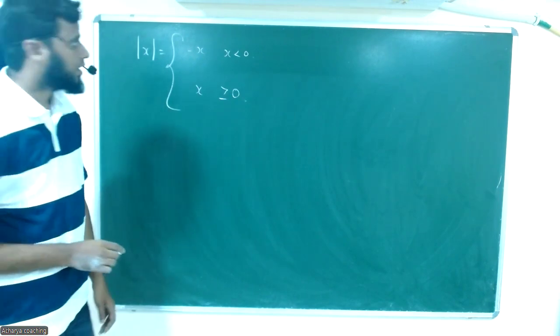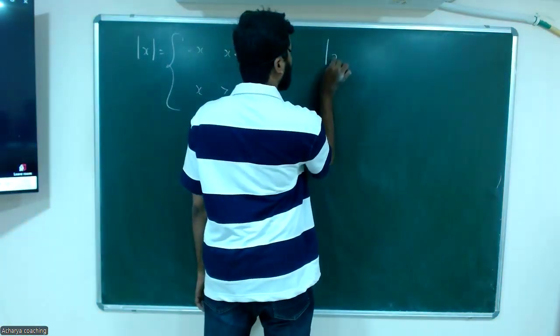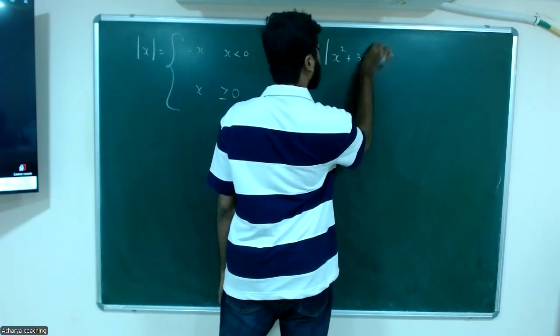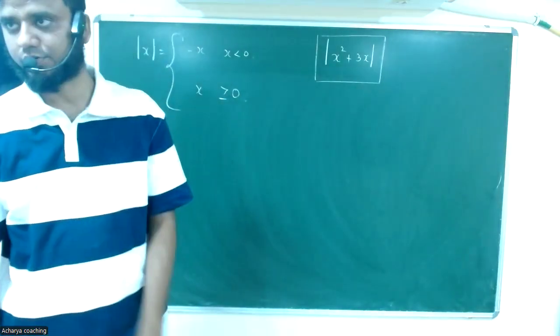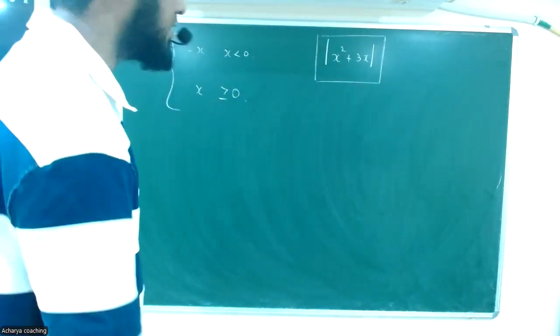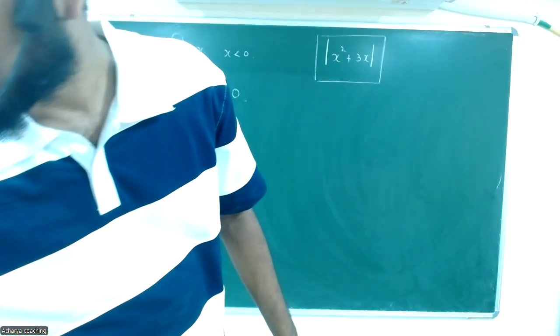Clear? Next, what if I have modulus of x square plus 3x? In this case, how do we remove this mod? So what we are going to see here is how to remove the modulus symbol.